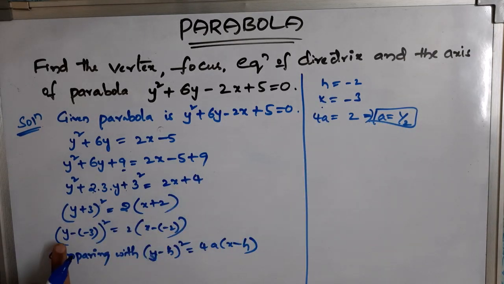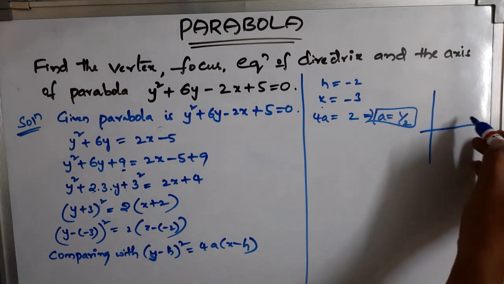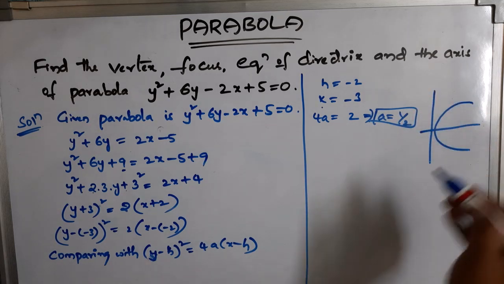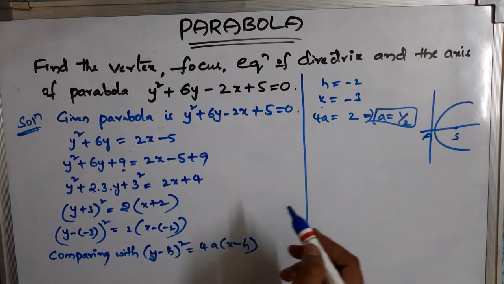So this one is y minus k whole square is equal to 4a into x minus h type. So the parabola is of the type, right? This is the focus and this one is the vertex.